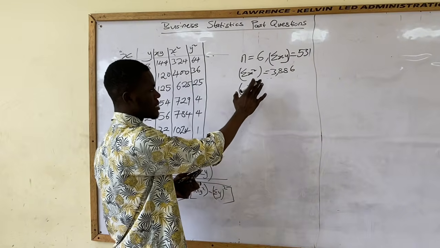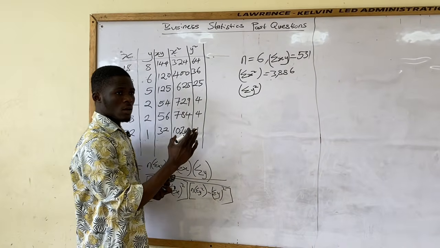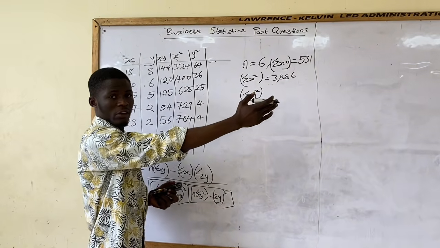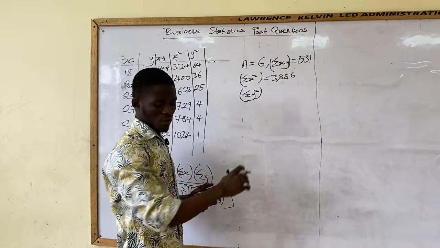So now let's look at our sigma y squared too. We'll be using this both in the Pearson correlation coefficient and then the regression. So I want to state this and then leave it here so that we can use it for both of them.